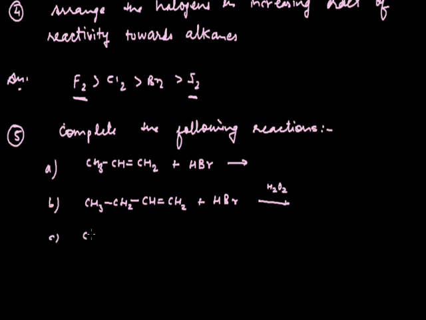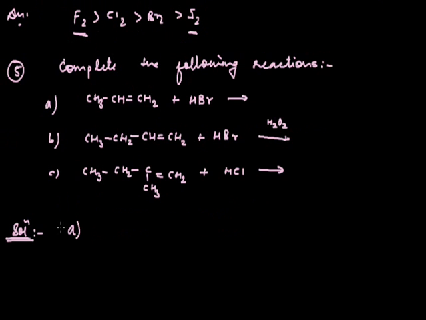Third reaction is CH3CH2C(CH3)=CH2 plus HCl. These three reactions are of addition type, that is, we have to add a compound on the multiple bond.